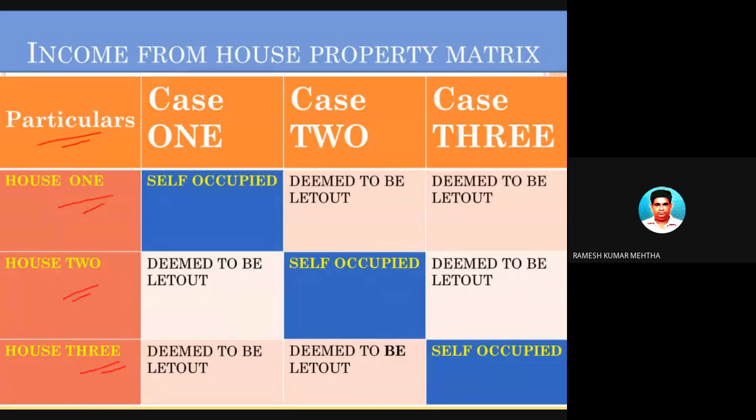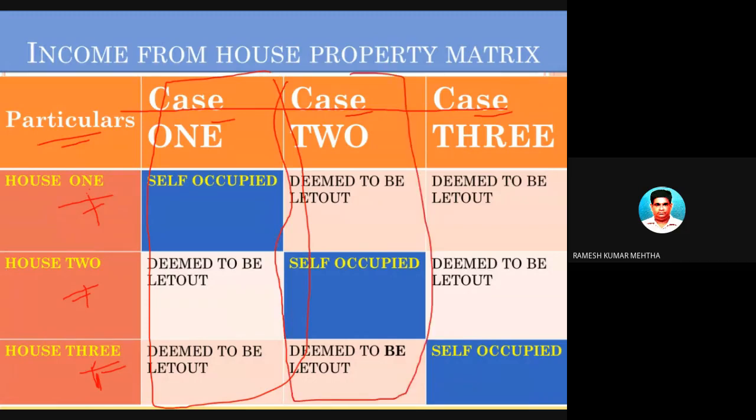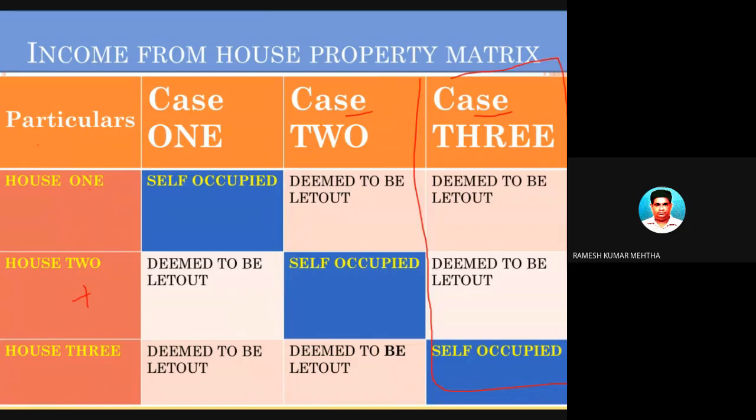You write house number 1, house number 2 and house number 3, and in the topmost row, write case 1, case 2 and case 3. Very, very important. Again I am telling you, this matrix is very, very important. If you have understood this matrix, you have understood everything.